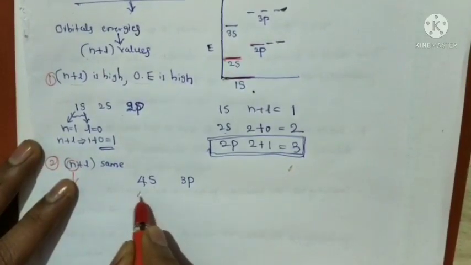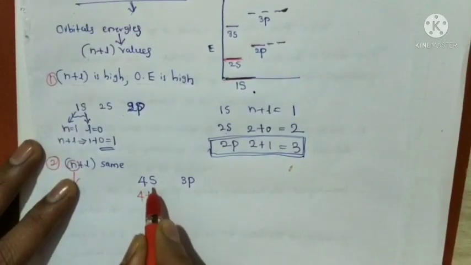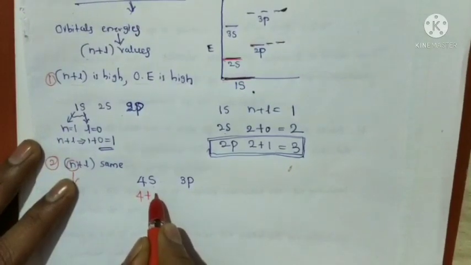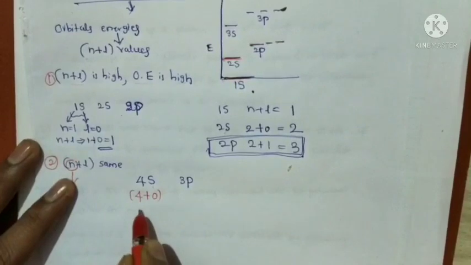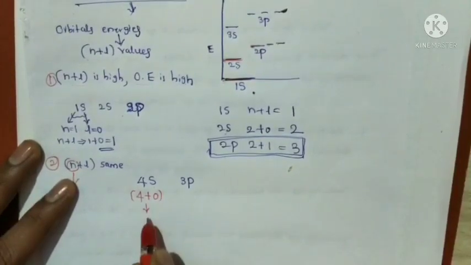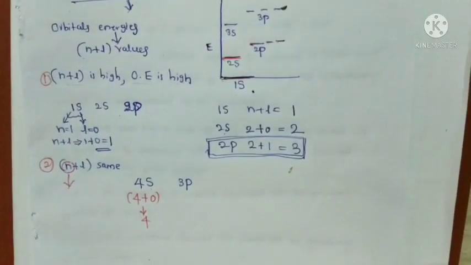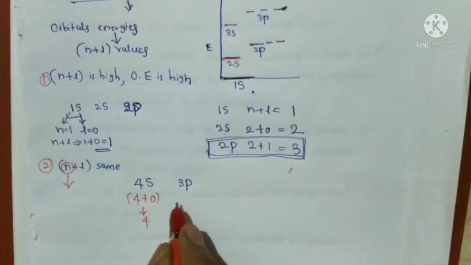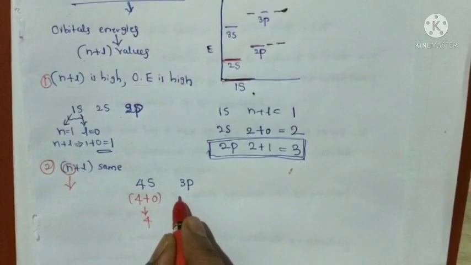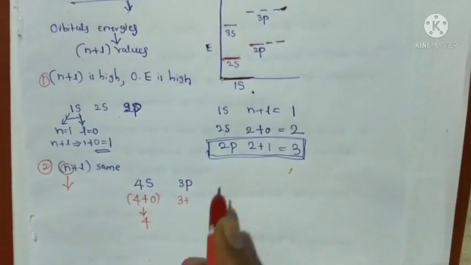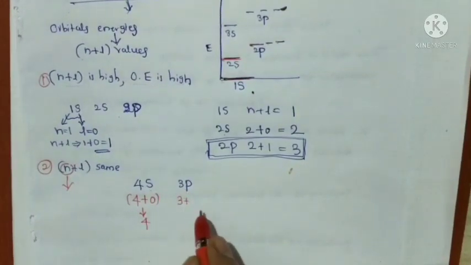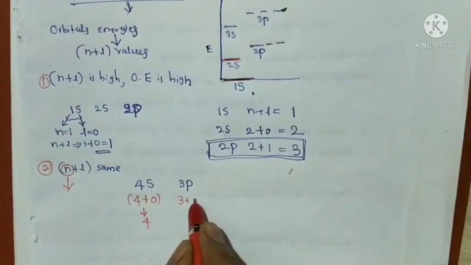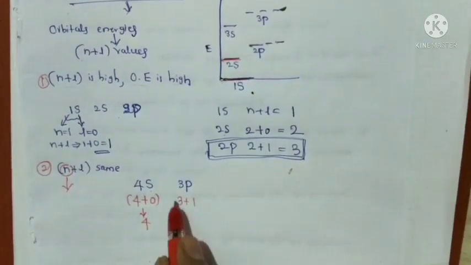So the n plus L for the s orbital is 0 plus 4, finally 4. Next, the 3p orbital: the n value is 3, and the L value for a p orbital is 1. So how much?